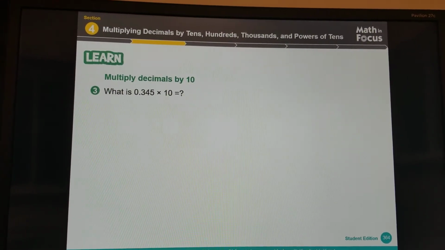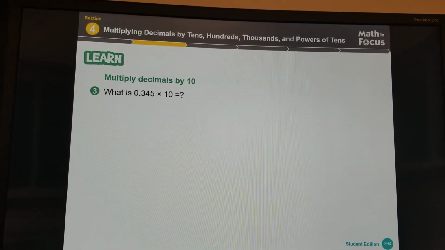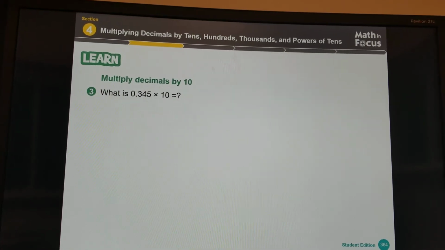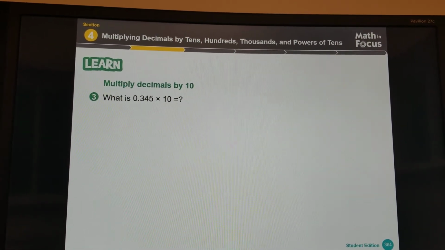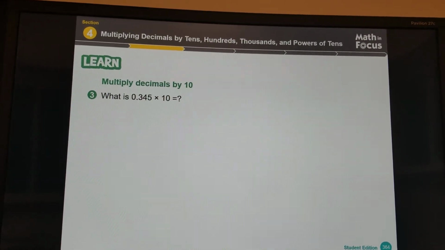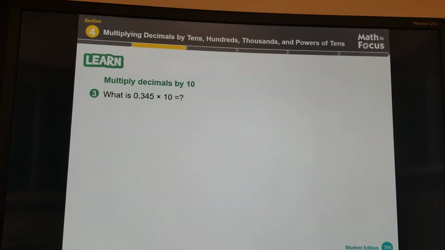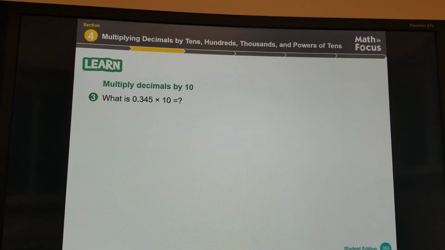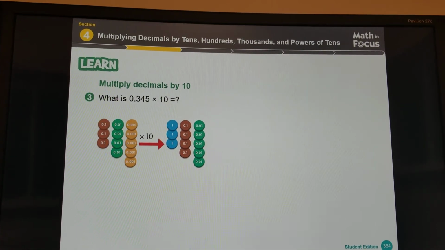This we also did before the break. If I have 345 thousandths times 10, if you just look at that 3, the 3/10 times 10, you should be able to understand that I'll have 3 wholes, right? And everything moves over 1 decimal place. It increases its value by 10, right? So that's a visual.